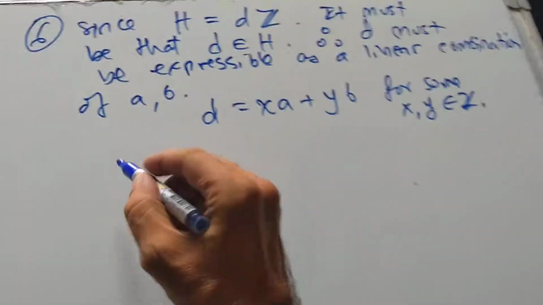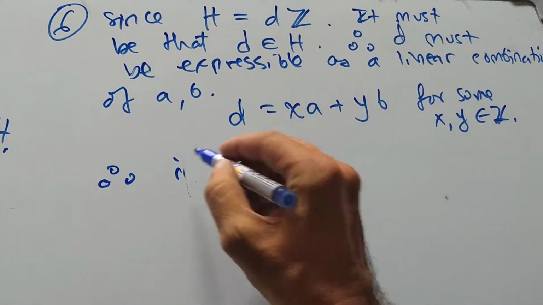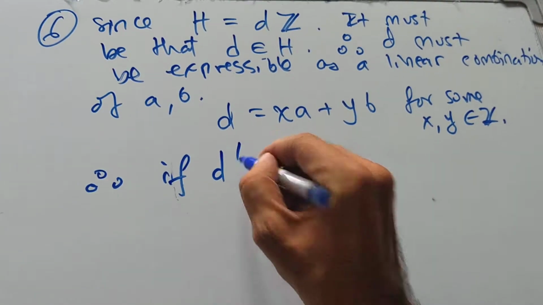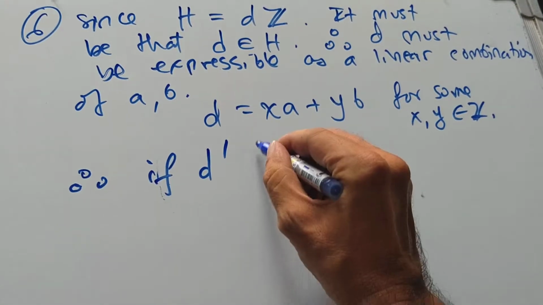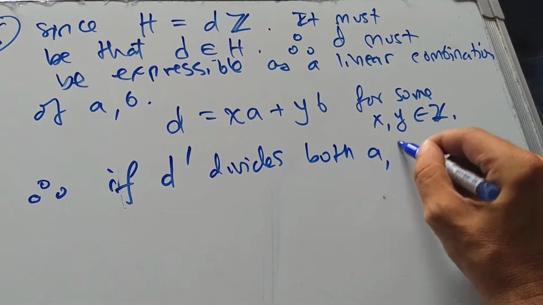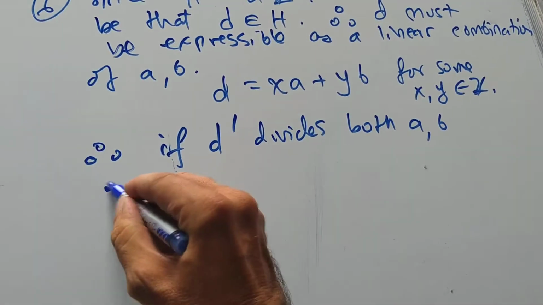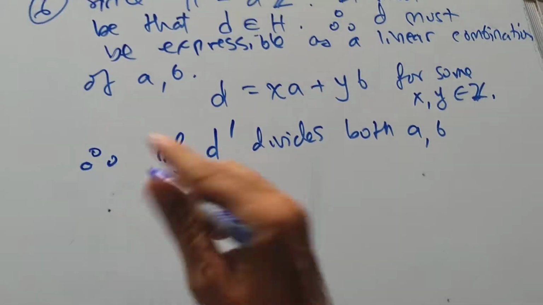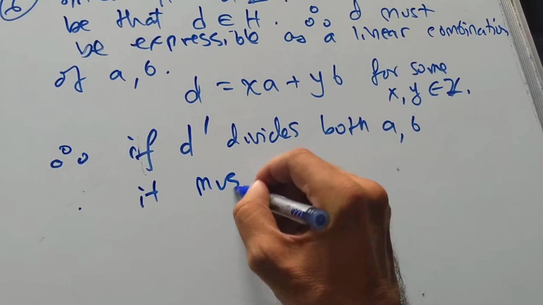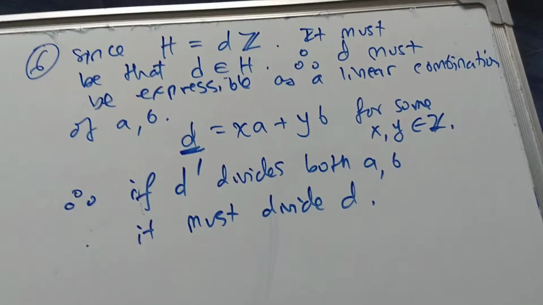So what does that mean? Therefore, look at this. It's very interesting. If some D prime divides both A and B, look, it divides A and B, therefore it must divide D. You say, I don't understand. Think of it.